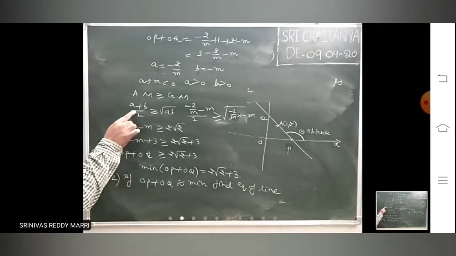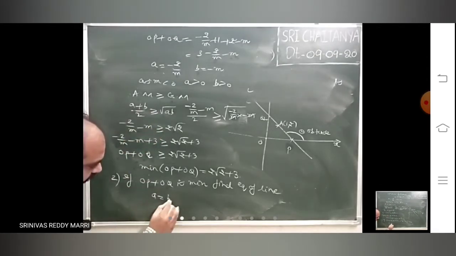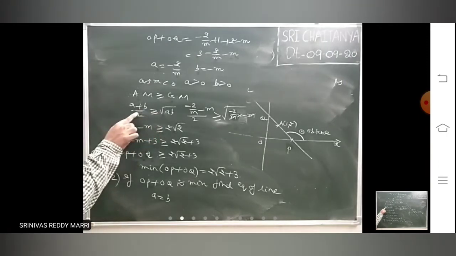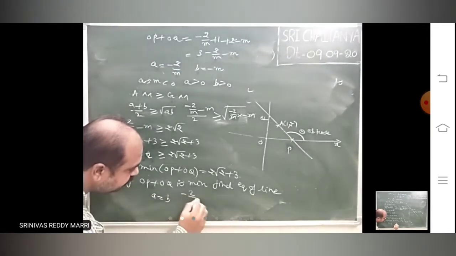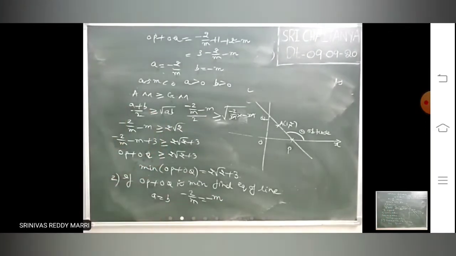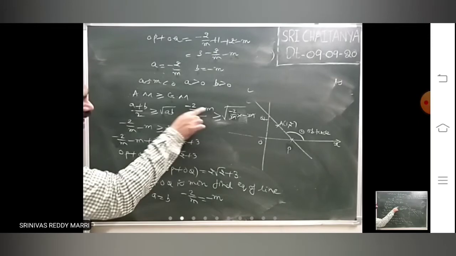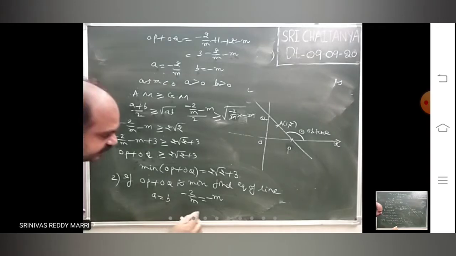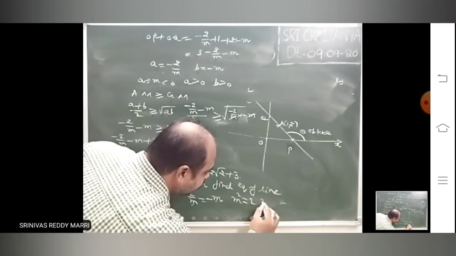Look, when it will be minimum, we have applied AM greater than or equal to GM. When A equals B, when equality holds good, when these two numbers are equal, that means minus 2 by M equals minus M. This equality holds good when A equals B. So bring this side, M square equals 2.